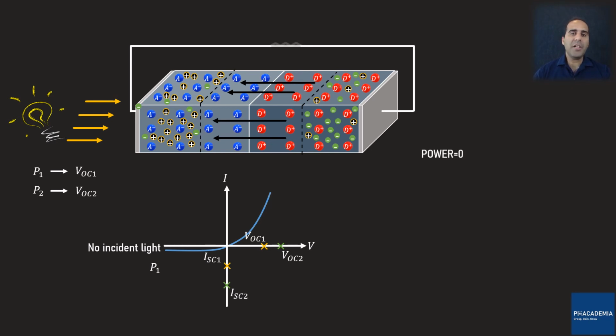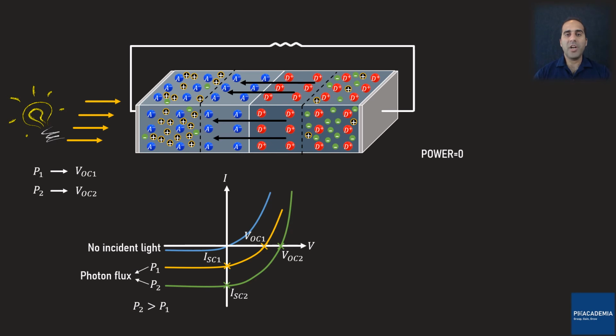Now, if I connect a resistor to the device, the voltage and current are no longer I sub SC and V sub OC. In fact, they fall in between. Let me complete the IV curves of the device under the photon flux P1 and P2.